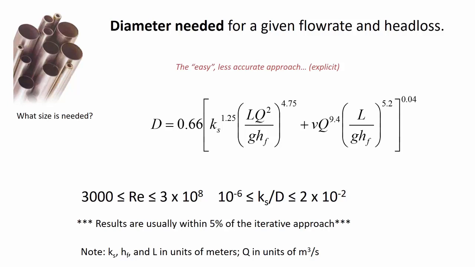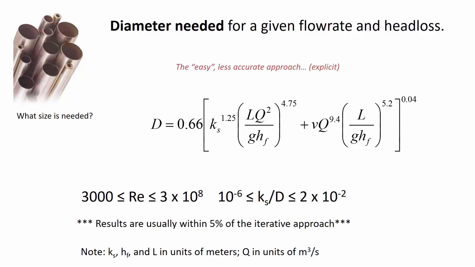L is 40 meters. Q is 0.3 cubic meters per second. G, of course, 9.81 meters per second squared. H sub f is known to be 45 meters.